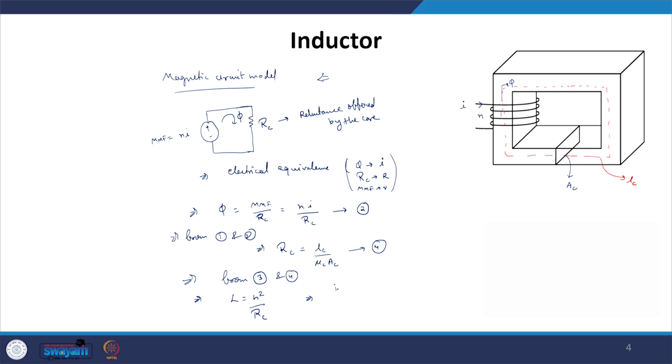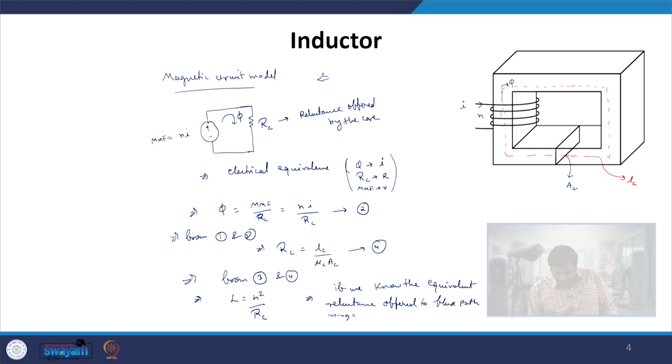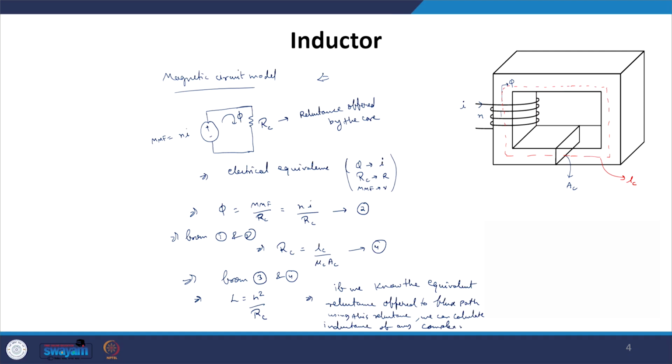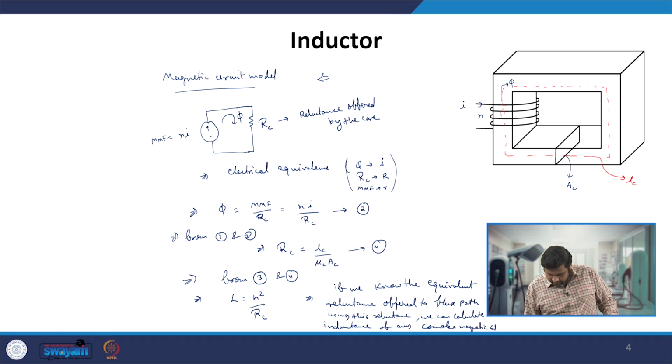So, if we know the equivalent reluctance offered to the flux path, using this reluctance we can calculate the inductance of any complex magnetic structure.